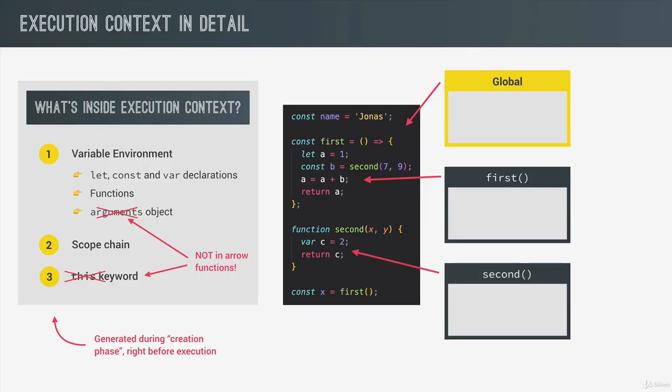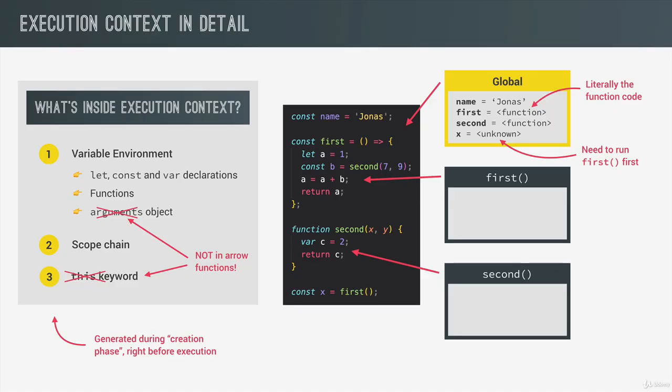In the global context, we have the name variable declaration, the first and second function declarations, as well as the x variable declaration. For the functions, the variable environment will literally contain all the code of a particular function. Now, the value of x is marked as unknown here because this value is the result of the first function that we didn't run yet.